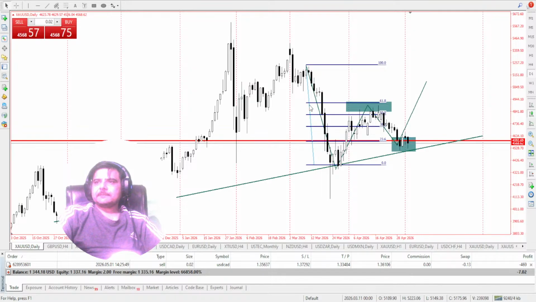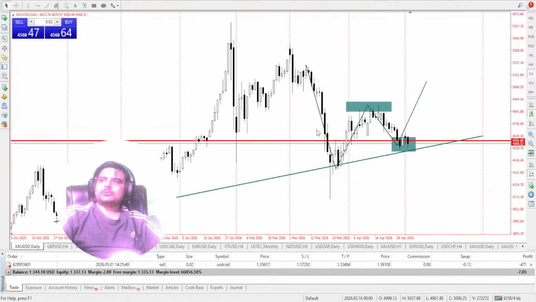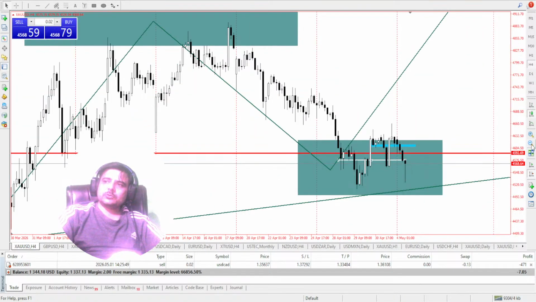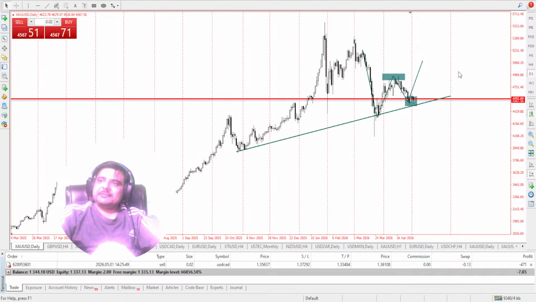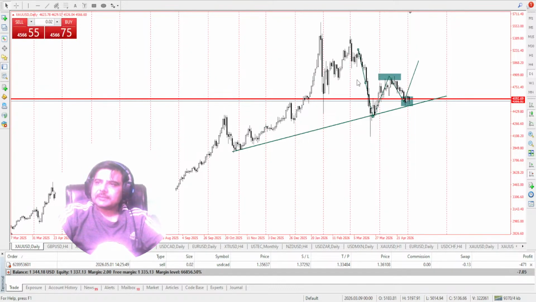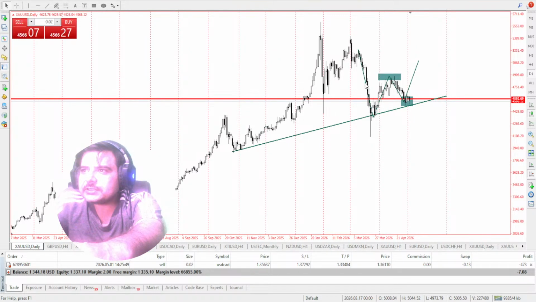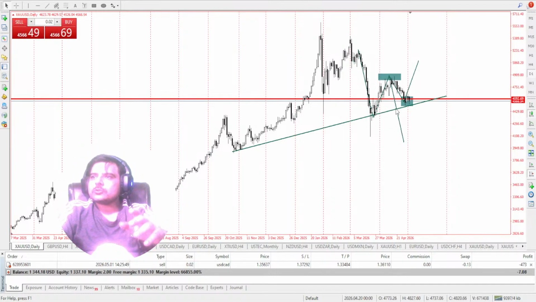Now I ask you, this is the sell area, this is the buy area on the daily chart. So on the H4, what traders will be doing? Obviously will be buying H4. But my friend, at the same time, when it reverses from the 61.8% retracement, it is also showing us this level.